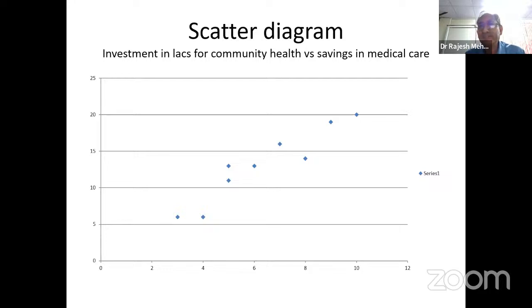If we give good training, let's say in our Kutch, when we trained the people for 1 year and they worked in their community, 50% of expense was reduced. That means if you go on increasing the input on the training of the people, automatically the expenses on medical care will be less, or the other way, savings in medical care will be more.